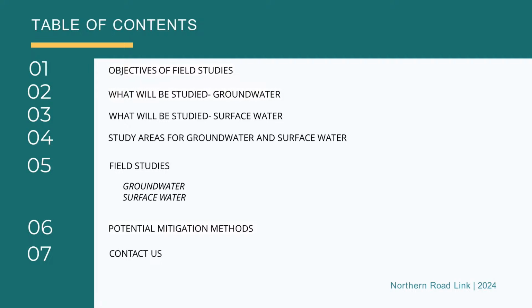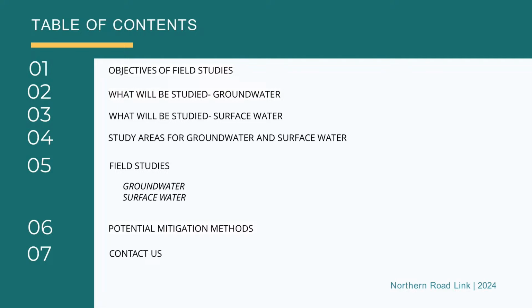I will run through first the topics we're going to cover today. There's a lot of information today. We're going to talk about the objectives of these two field studies, the groundwater and surface water field studies. We're going to talk about what will be studied when it comes to groundwater, and then the same when it comes to surface water.